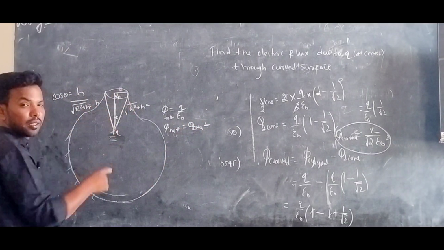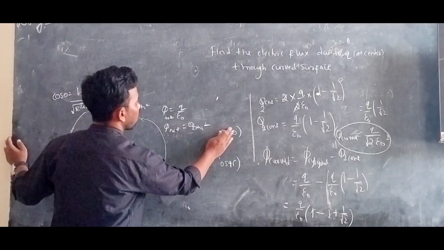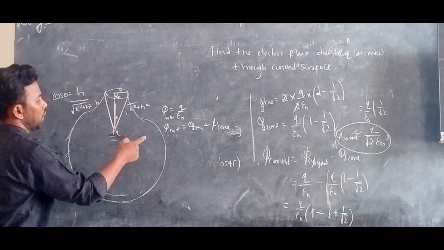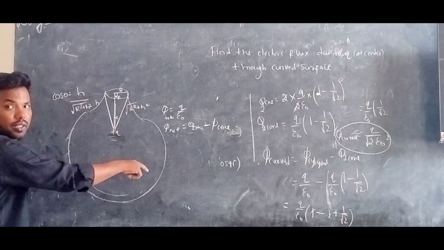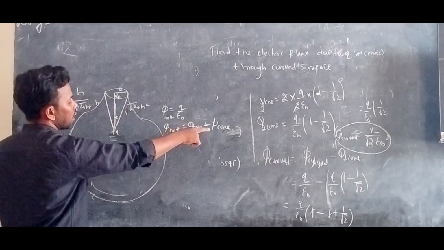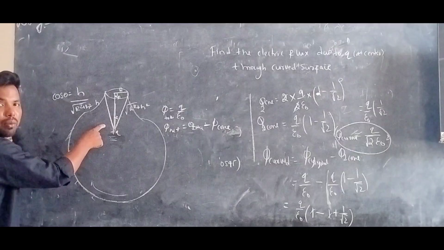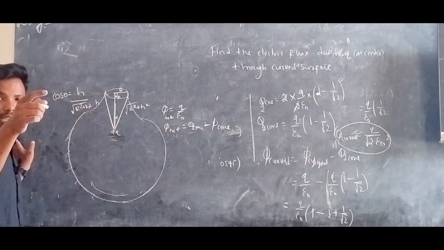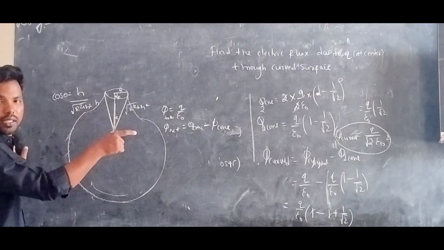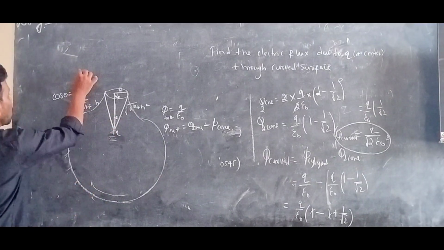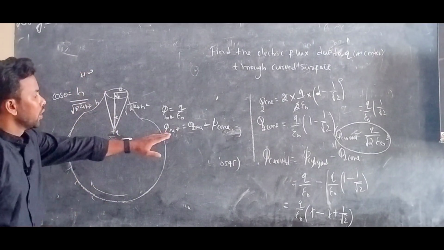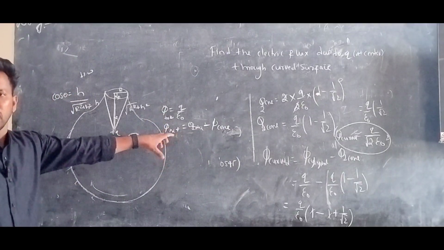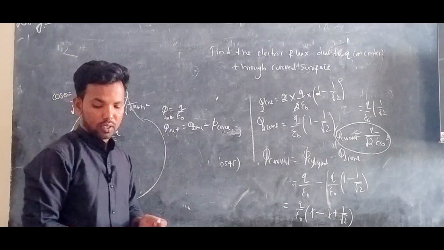What is the cone formula? Q by 2 epsilon naught times 1 minus cos theta. So the formula is there. It is just substituting the formula and simplifying, that's all.